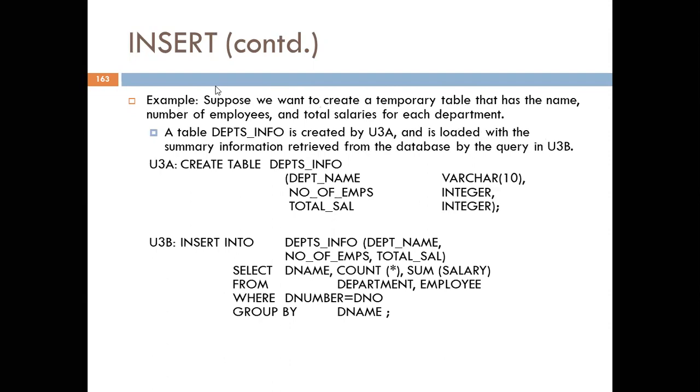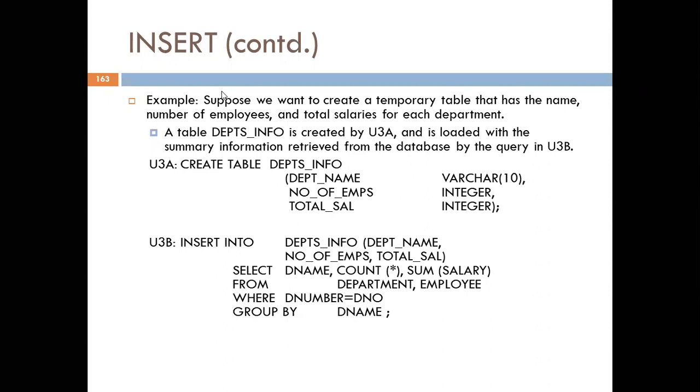Another example of this insert statement: suppose we want to create a temporary table, or any table, and for that table we want to put the values from another table. Look at the example here.